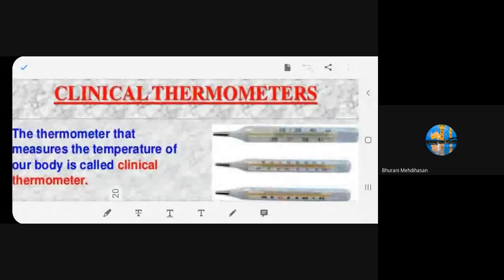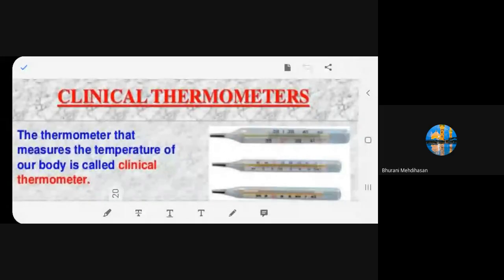Clinical thermometer. Read, beta. The thermometer that measures the temperature of our body is called a clinical thermometer.